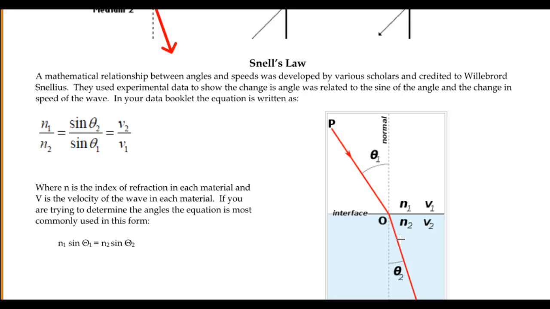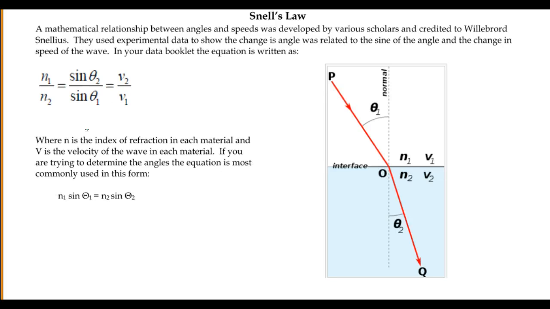It says that the relationship between the index of refraction N1 and the index of refraction N2 for two different materials, which we know is directly related to the speed of light in that material, is the relationship that holds. It's actually a ratio of the sines, not a direct relationship of the angles themselves, but of the sines of the angles.